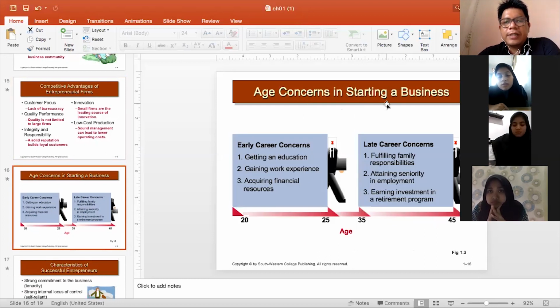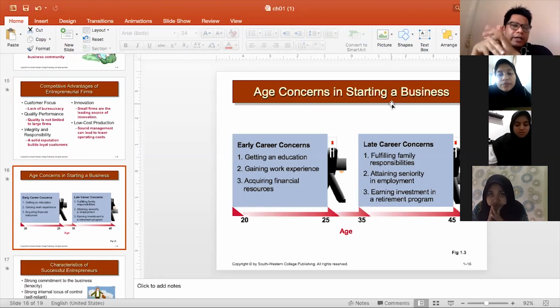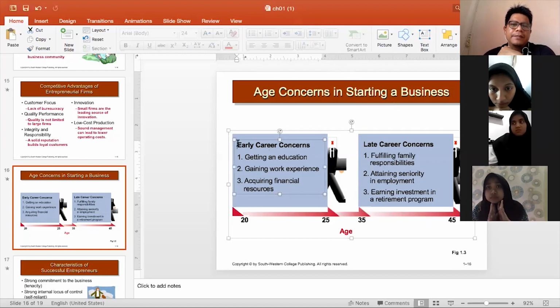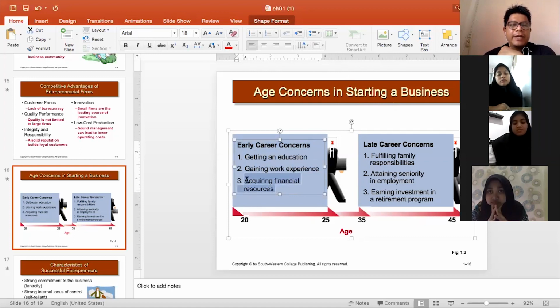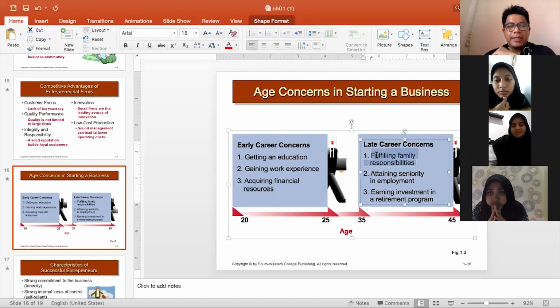Okay, age concerns in starting a business. Which one are you? At first, early career concern. Okay, you are getting an education, gaining work experience, or acquiring financial resources, and you can be an entrepreneur. And the next one is late career concerns: fulfilling family responsibilities, attaining seniority in employment, and earning investment in a retirement program.